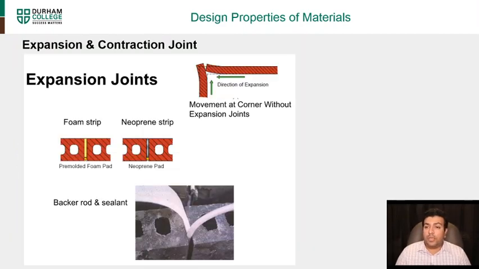You can see here you can use different types. You can use a foam strip or a neoprene pad, and you can move. You can even see in the corner there's movement at the corners without expansion joints. So you have to be very careful. And at corners we put expansion joints. We even put expansion joints when we're doing long concrete structures, such as when we're doing curbs or sidewalks.